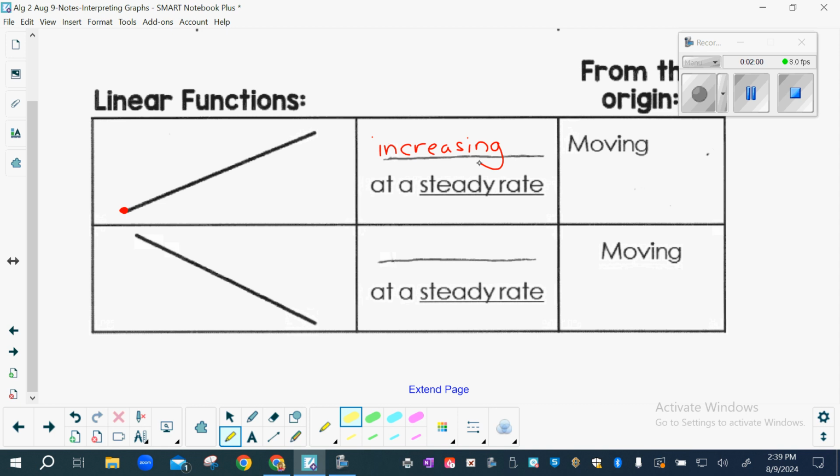So now if we start again at this point here, is it moving up or down? Up. From the origin would be here, and that would be from left to right. Does that make sense?